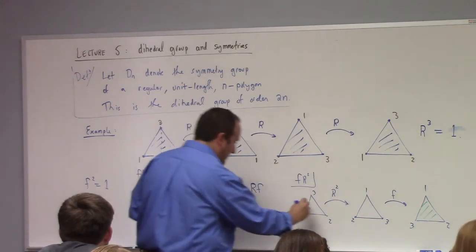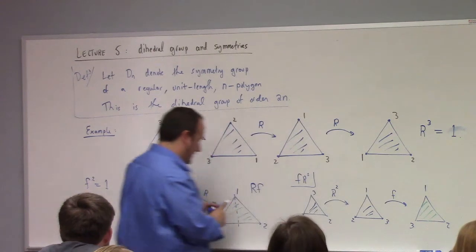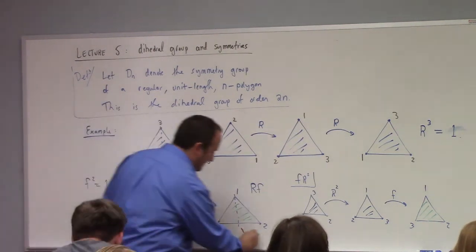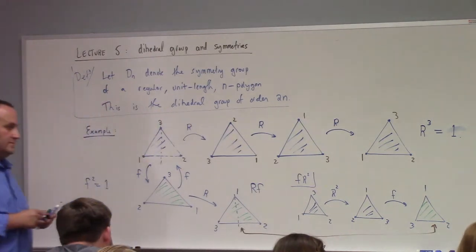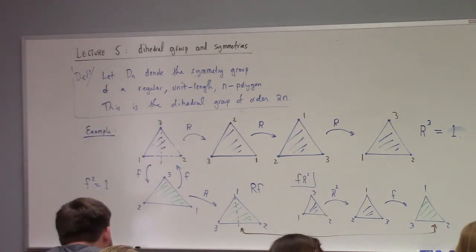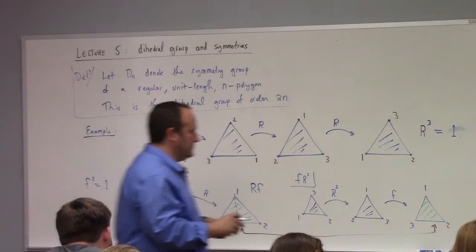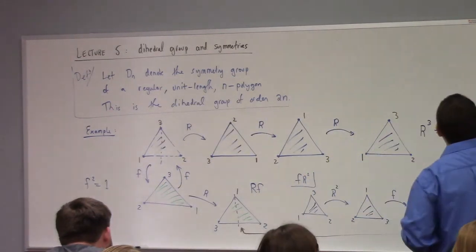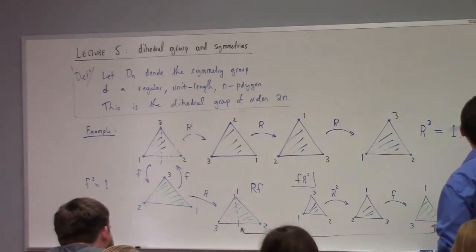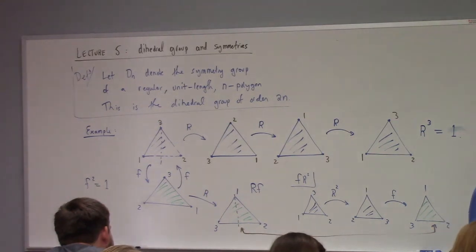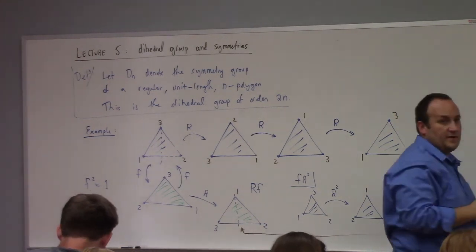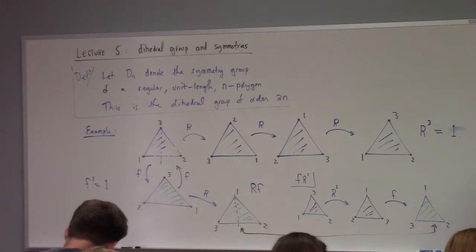And I think you can see that this and that are the same output, right? So I have shown geometrically that RF is equal to what? Equal to FR squared. By the way, that is FR inverse.